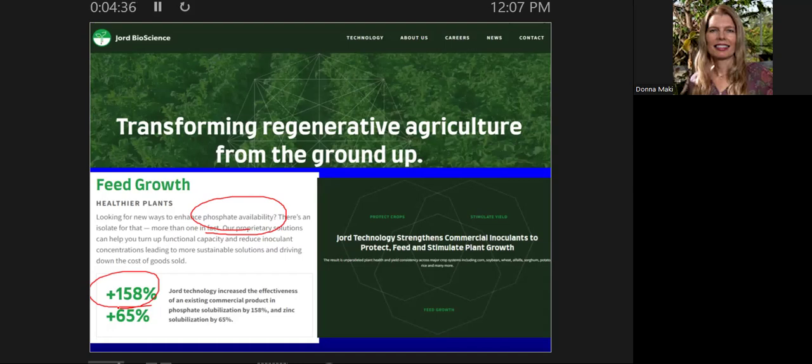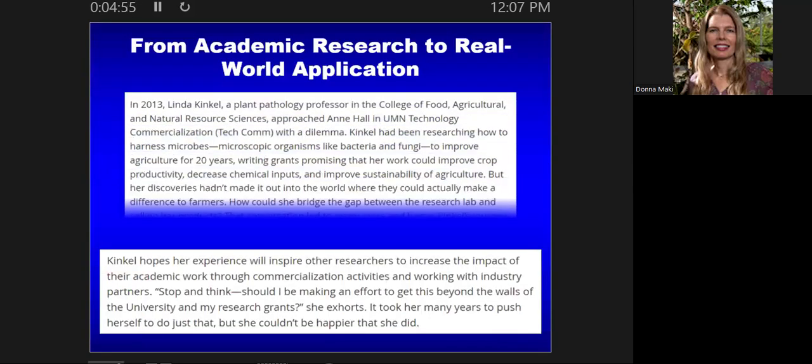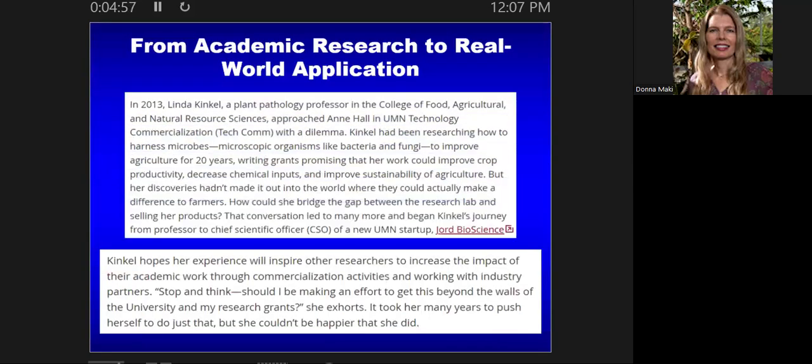And that will definitely catch the eyes of growers who are trying to grow plants on acres upon acres and trying to get beneficial yield from them at the end of the growing season. So this is one of the things they work on, but it's not just phosphorus that they're zoomed in on. They are looking at other ideas too, but I thought that was an important thing to see.